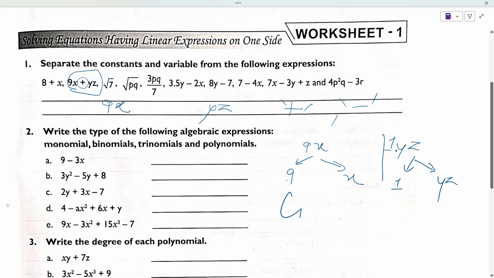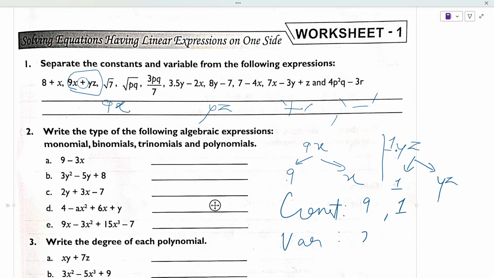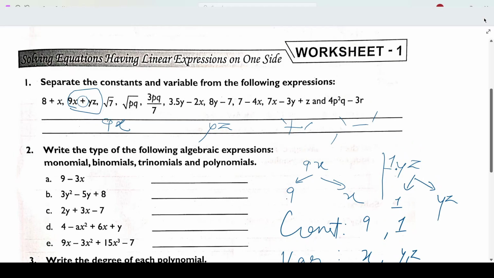So in the name of constant we can give 9 and 1, and in the name of variable we can say x and yz, or even we can separate the y and z also, that y is one and z is another third. So in this way, hopefully you will be able to do the other parts. If you face any doubt, then you know what to do.